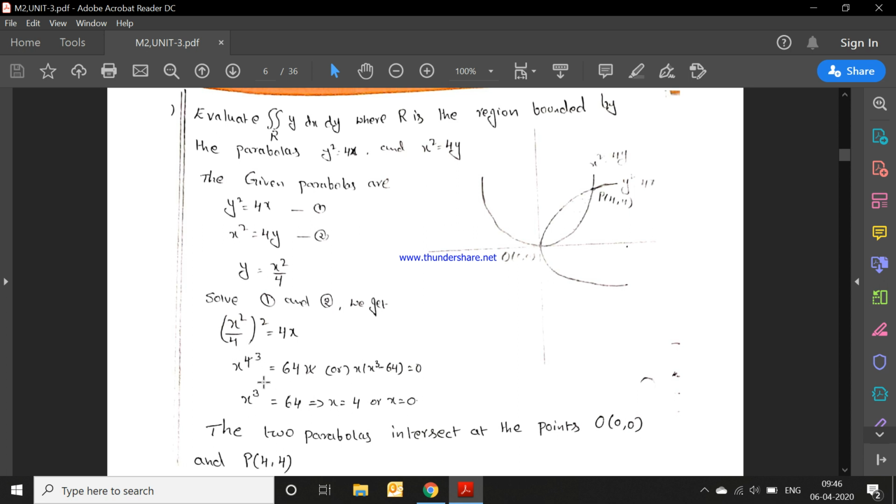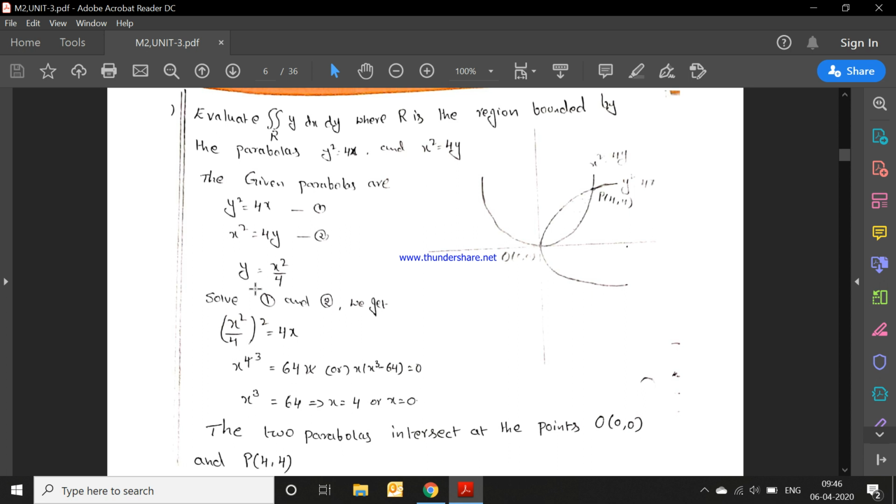Or simply we can solve x power 4 minus 64x equal to 0. Taking x common, x into x cube minus 64 is equal to 0. So one value is x is equal to 0, and the other is x cube is equal to 64, x is equal to 4. So the values for x are 0 and 4. By using these two values we find the y values.